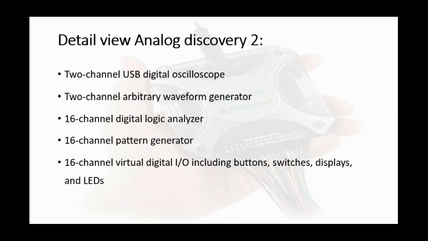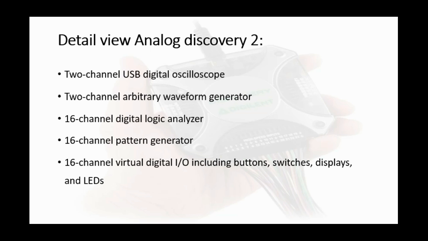Now we are going to take a detailed view of Analog Discovery 2. The Analog Discovery 2 has a lot of specifications. For example, as we can see, it has two channels for the digital oscilloscope, so we can use it as an oscilloscope. It also has a two-channel arbitrary waveform generator.